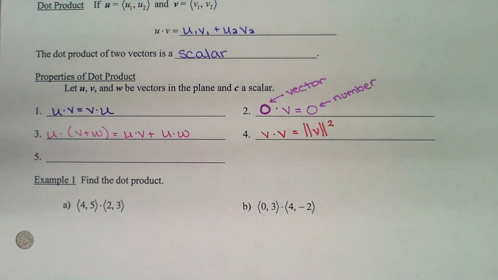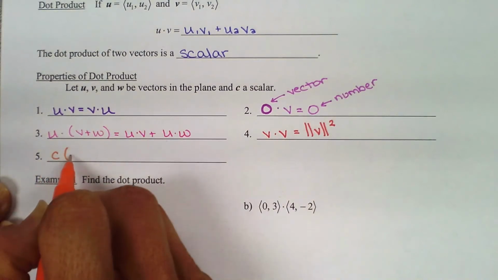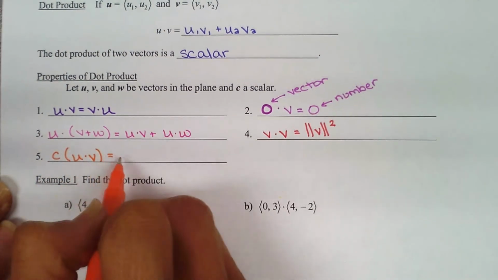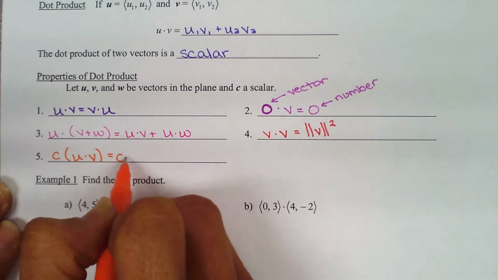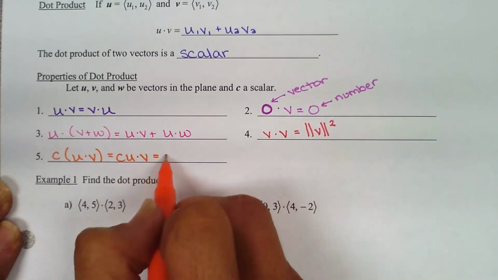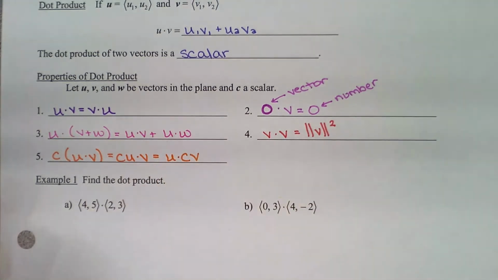And the last one is if you have a scalar c times the dot product of u and v, you can take that scalar times the first vector u and then dot it with v, or you can take u and dot it with the scalar c times the vector v. As long as everything gets multiplied together, it all works out to the same thing.